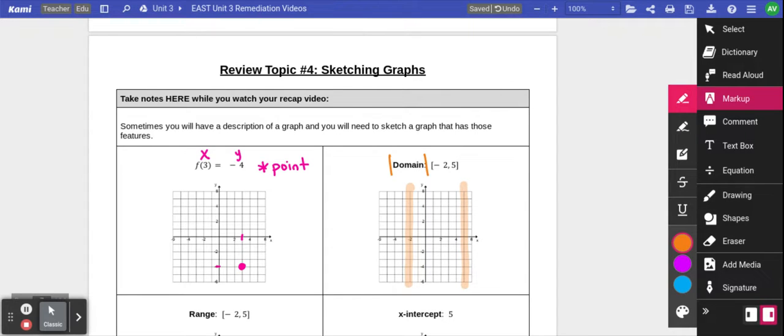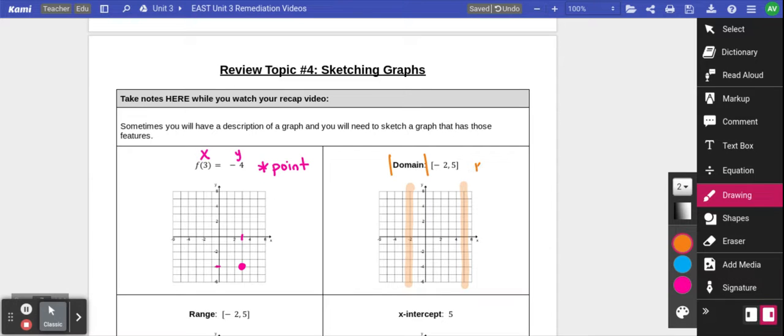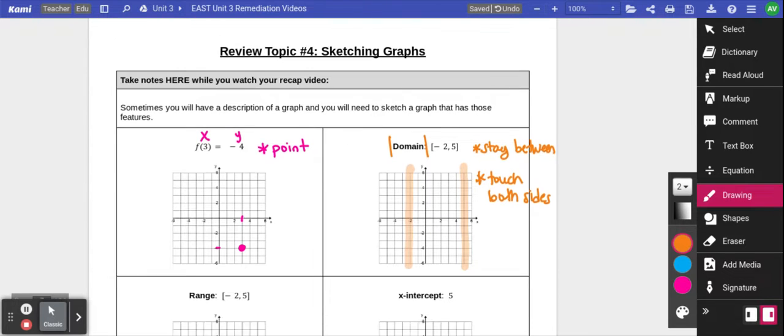Now, when I draw my graph, it's going to be very important that you stay between the walls, and that you touch both sides. So at some point, the graph has to touch the left and it has to touch the right, but it can't go past the edges. Think about this as like outlining a picture before you color it. You got to stay inside the lines.